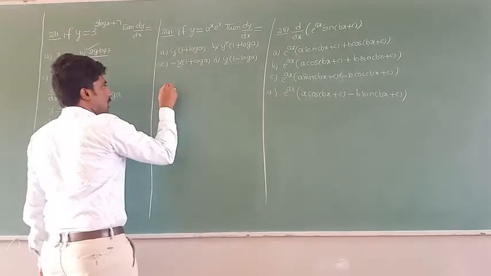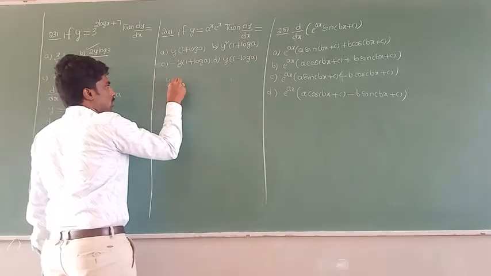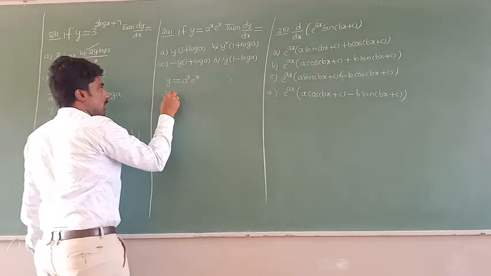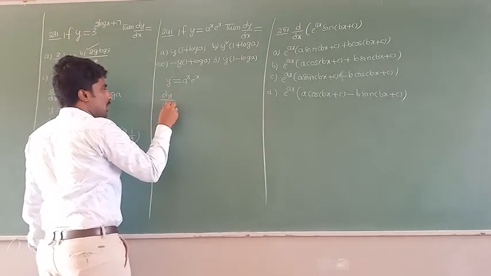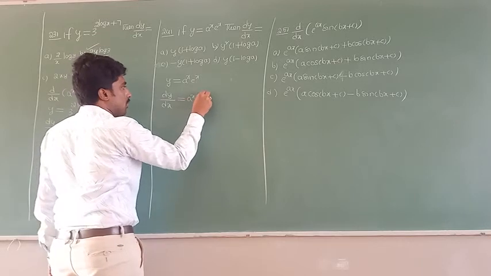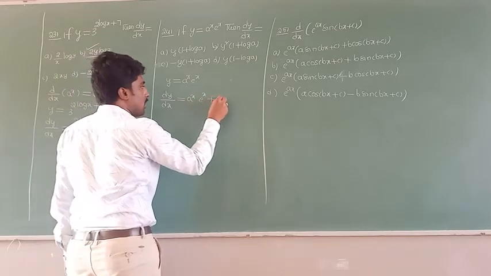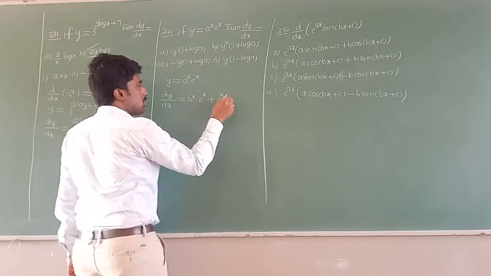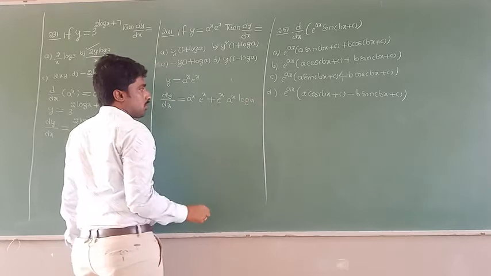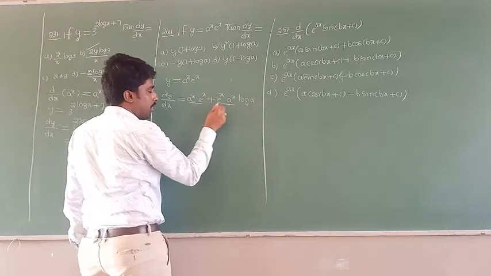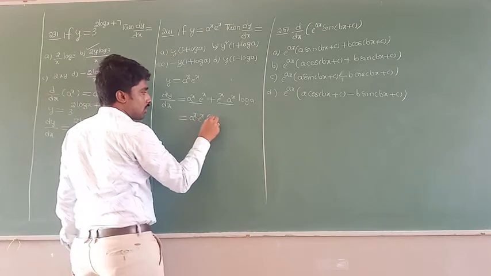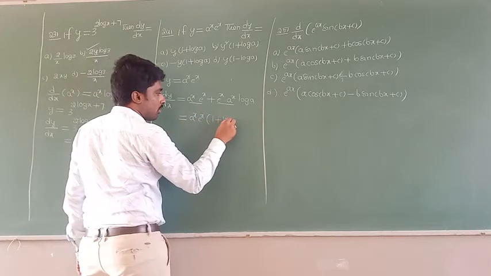Now if I do the differentiation, dy by dx equal to a power x into the differentiation of e power x, which is e power x, plus e power x into the differentiation of a power x, which is a power x into log a. From these two terms, if I take common, we get a power x into e power x into 1 plus log a.